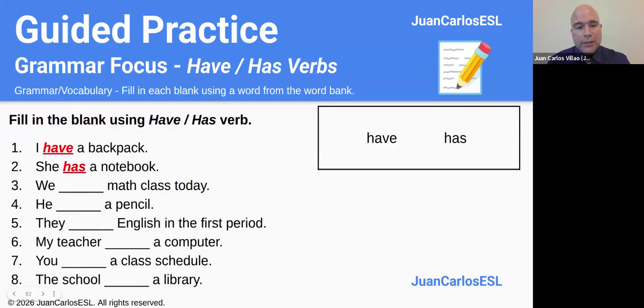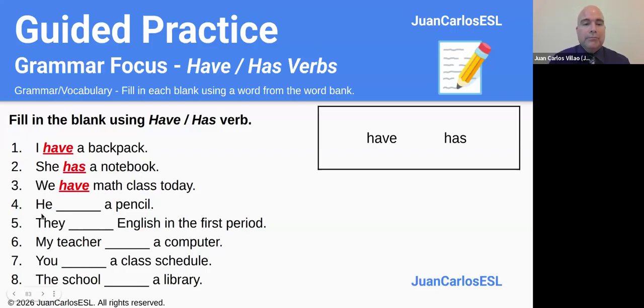We is first person, but plural, because you're talking about 2 or more people, including yourself. We have math class today. So just like first person I, we have to use have. First person we also have to use have. We have math class today.